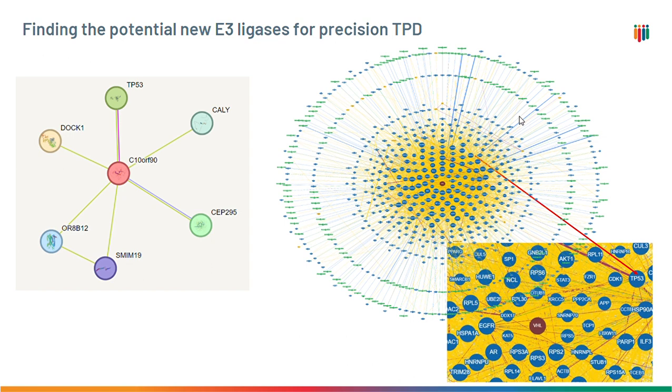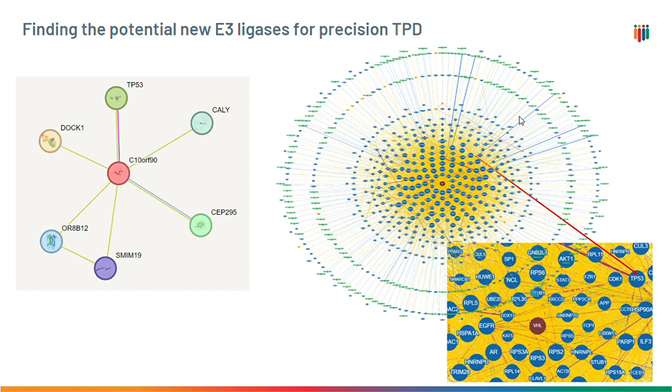The current E3 ligases interacting with TP53, such as VHL and others like DCAF11, interact with more than 200 substrates or targets, which may induce reactions with other targets, or unexpected targets. Thus, C10ORF19 may be the superior candidate to serve as a TP53-specific E3 ligase.